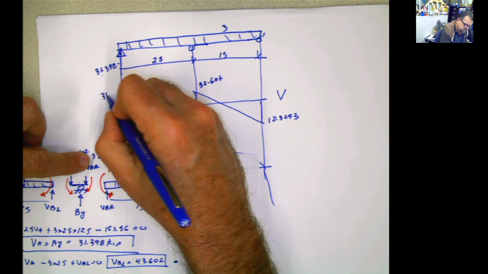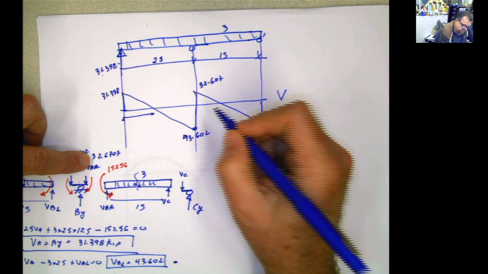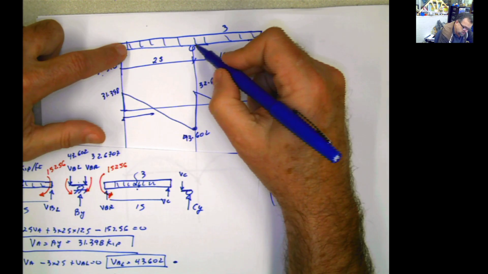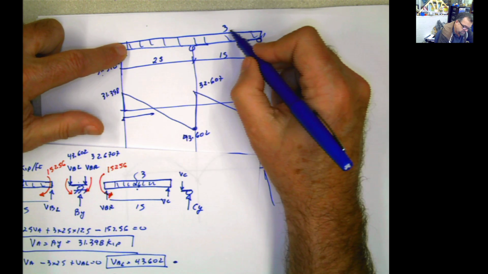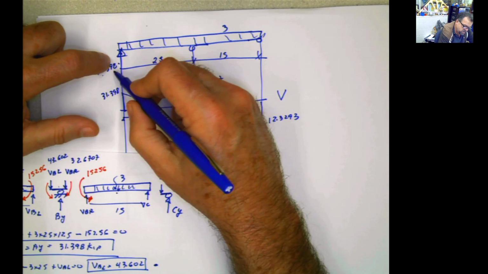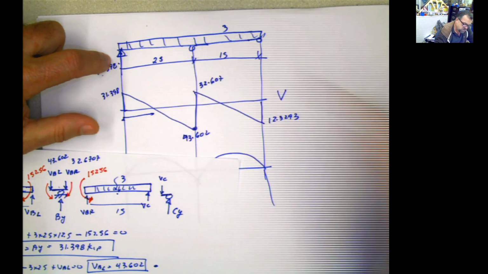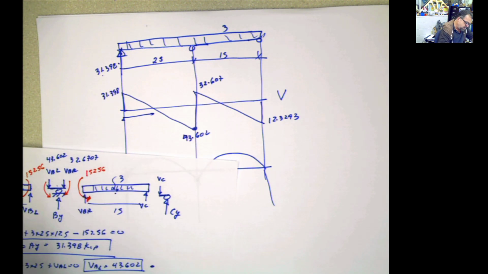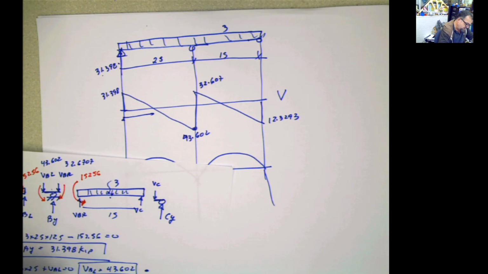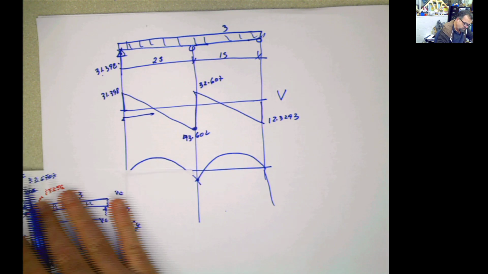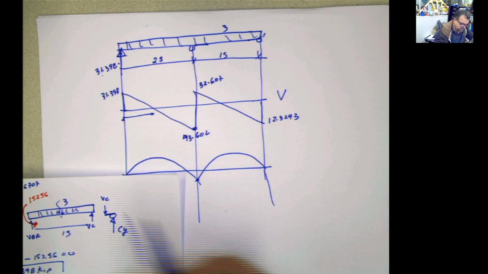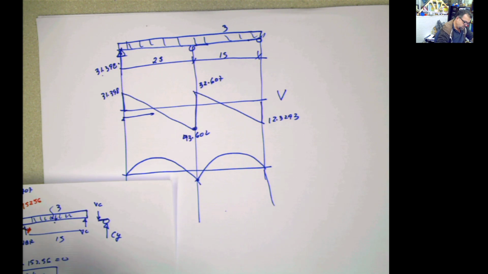Now you want to know how much is this distance? Remember, the value for this distance is this total, 25 times 3 divided by this value. So that will be 25 times 3, 75, divided by 31.398.